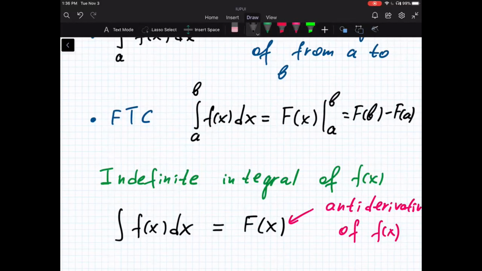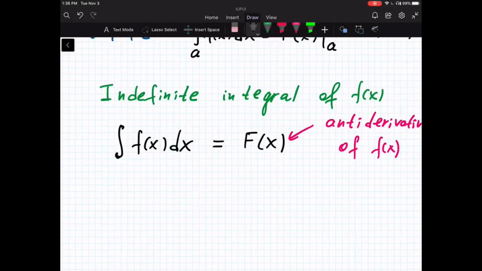But also, you can now see that differentiation and integration are in some sense inverse to each other. Consider the differential of some antiderivative of f of x. By the definition, it's the same as this integral.